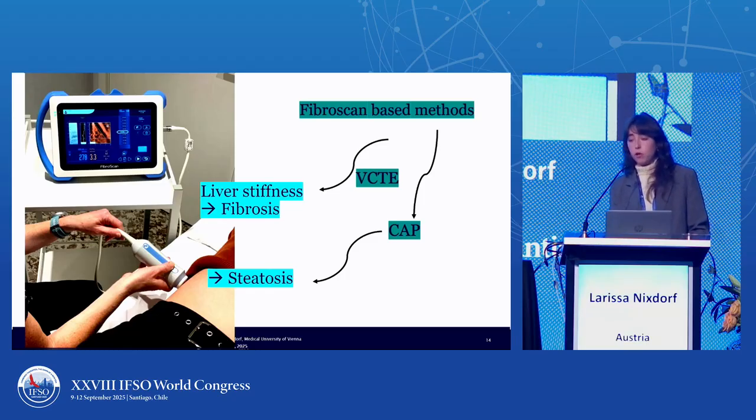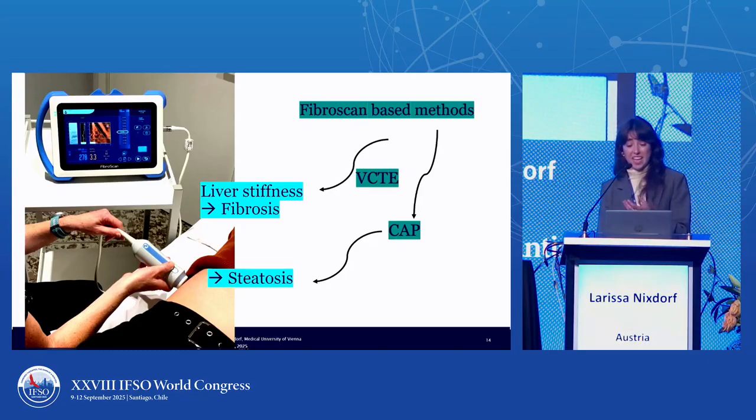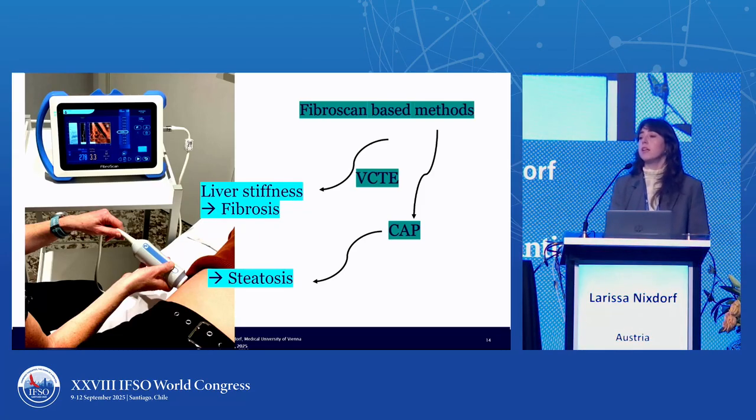So you have the probe that you position on the skin over the liver, and a mechanical impulse is generated, and the probe will measure the answer of the tissue that you're measuring. And you will send ultrasound waves to the liver tissue and then measure the attenuation of it, and this will give you an idea of the fat content the liver has.